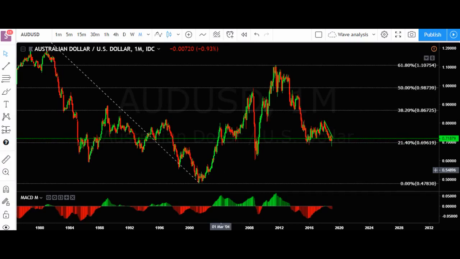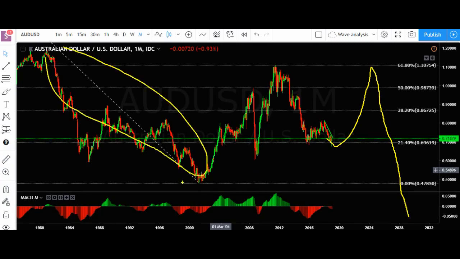So what we know is that there is a chance in the future that this might make a big correction like this, and that this will go all the way to the 27% extension, depending on what type of structure we look at.